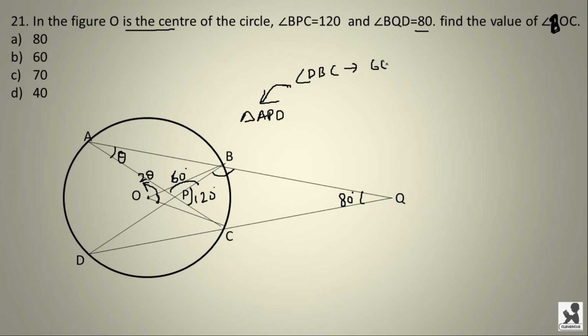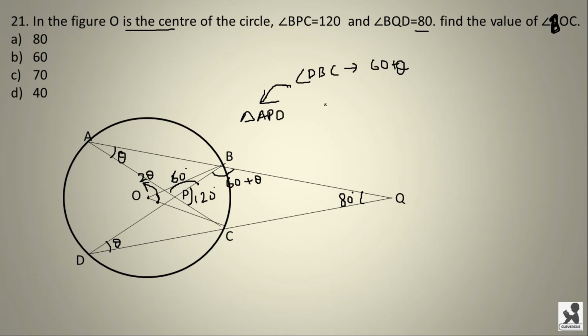And we have taken angle BAC as theta. Again angle BDC is also equal to theta because both A and D are on the major arc.